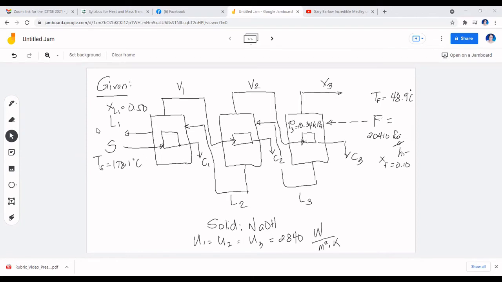When you have a multiple effect evaporation system, we expect the boiling points of your solution to decrease from the first effect down. This same behavior is to be exhibited by the operating pressures in each of the effects. So if you have this as 10.34, somebody may place this at 25, and somebody may place this at 35. So it has to be increasing from the third effect down to the first effect.